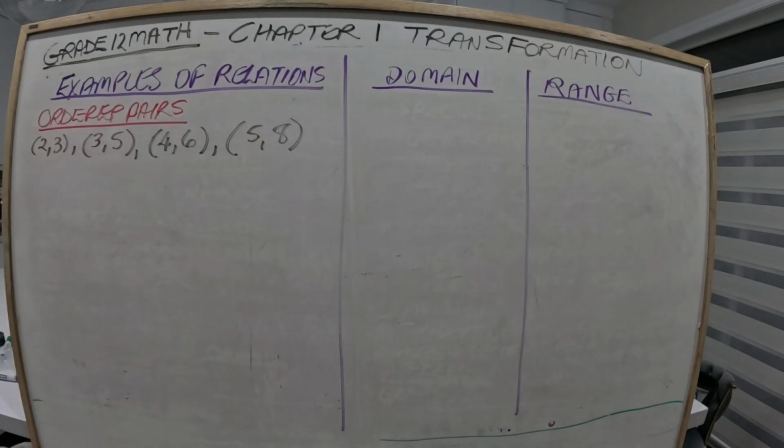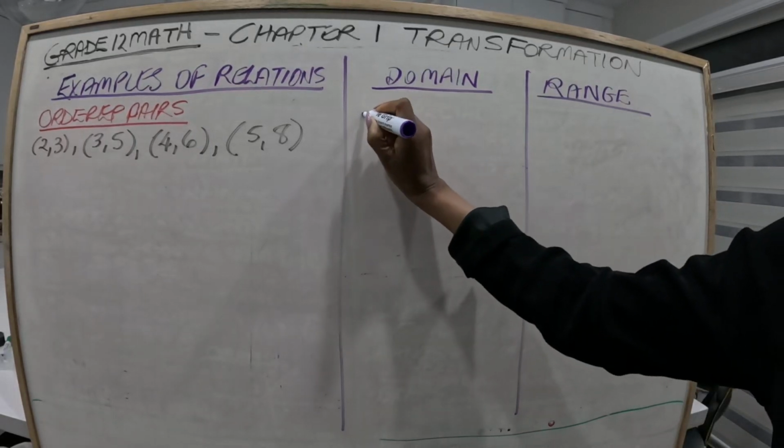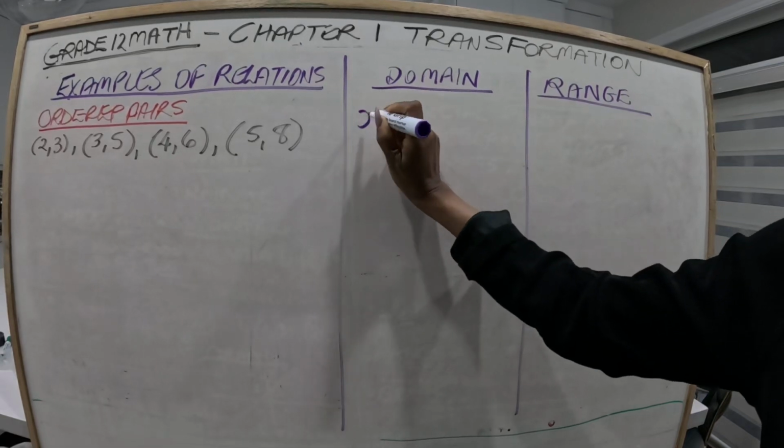So what do you think the domains are based on the definition? It says the domain is the input number, right? So if you look on the left, what are the input numbers? The input numbers are always x, right? So let's look at all the x values.